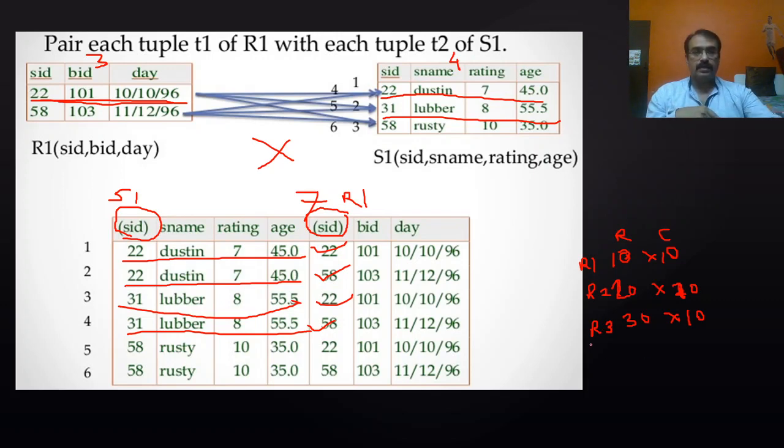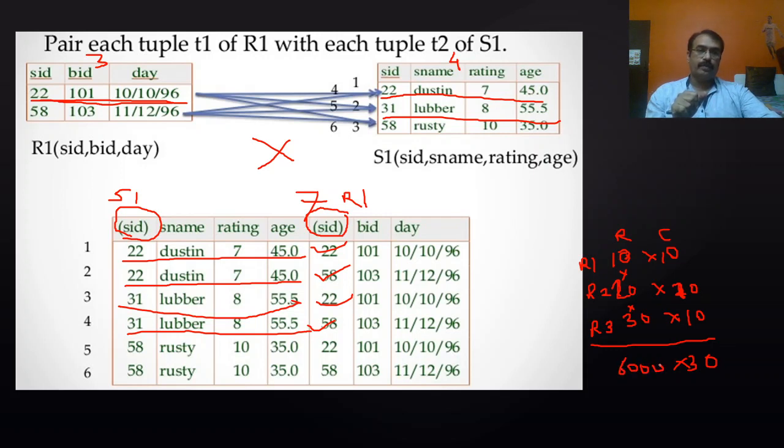So as a result of the Cartesian product, the columns will be added. I am going to have 30 columns. No matter whether they have a similar attribute or not, they are going to be treated as separate, as SID is treated here. And then 10 into 20 is 200, into 30 is 6000.